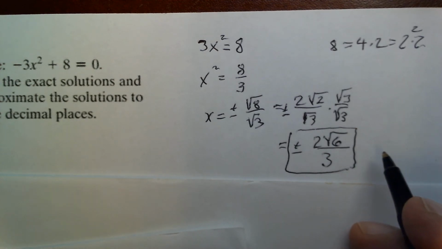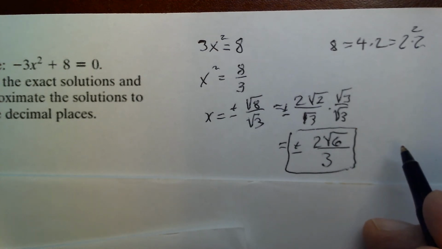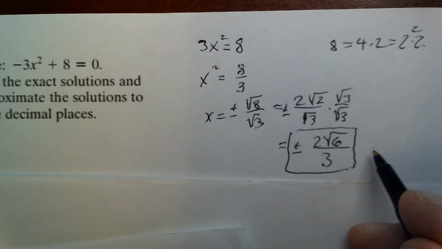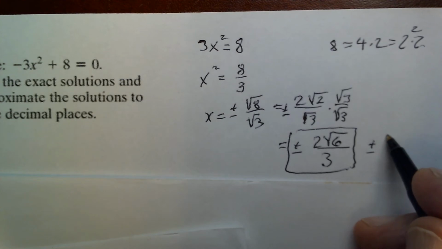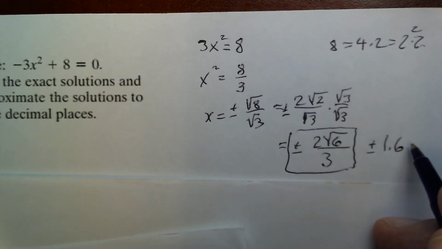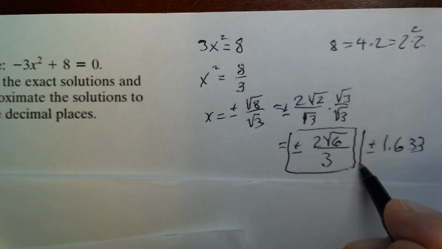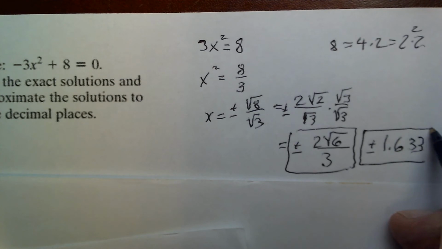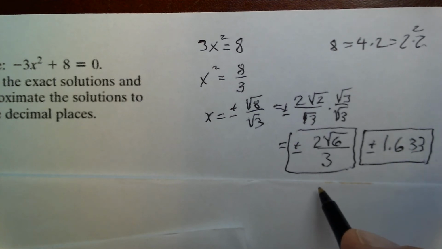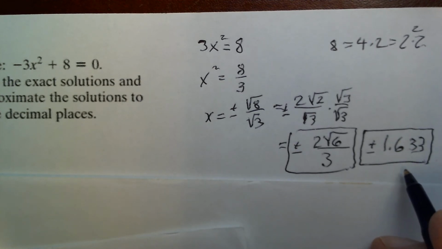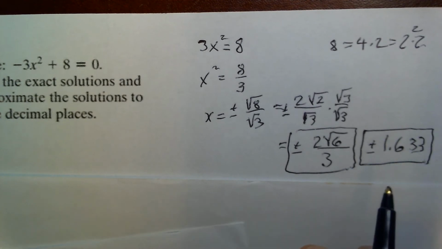And when we approximate it with a calculator, it would be plus or minus 1.633. So this is the exact solution, and this is the approximation to 3 decimals.